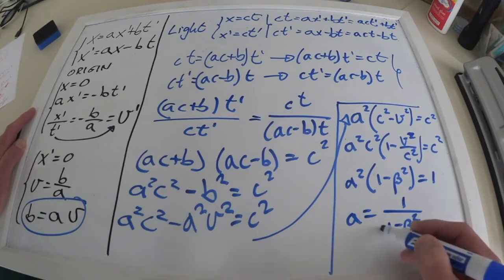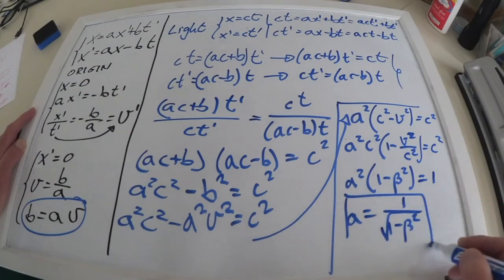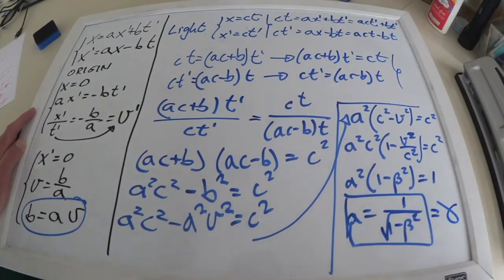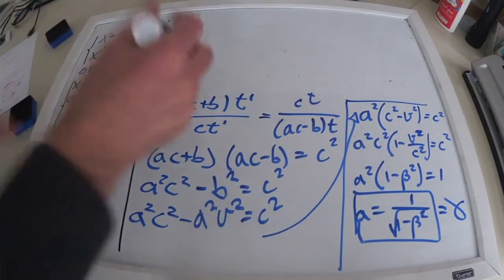and I get that a is equal to 1 over the square root of 1 minus beta squared. This, remember, we defined as gamma, an old friend of ours. Now that I have found a, I can easily find b, as b is equal to a times v. Let me write it here.